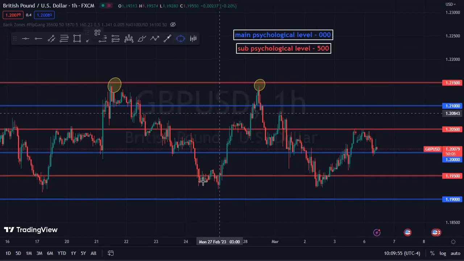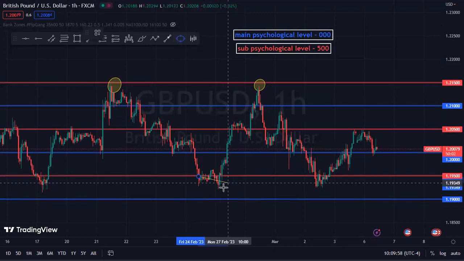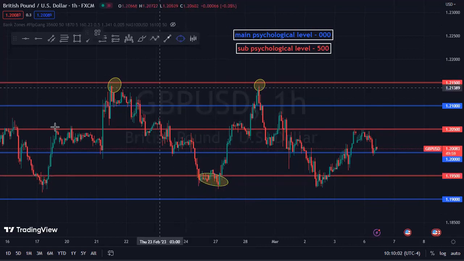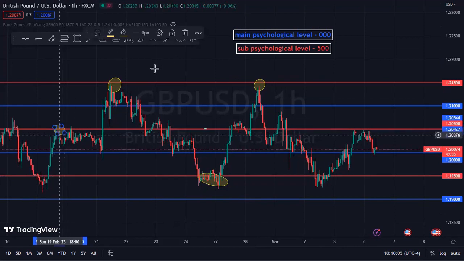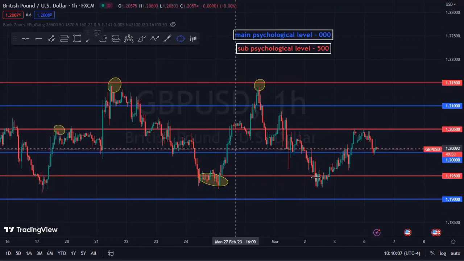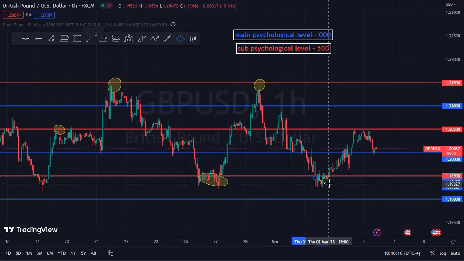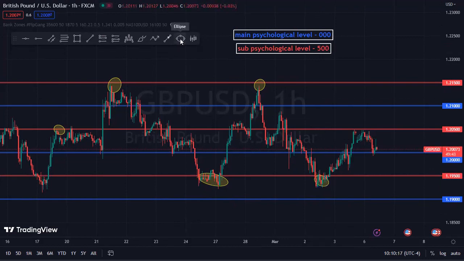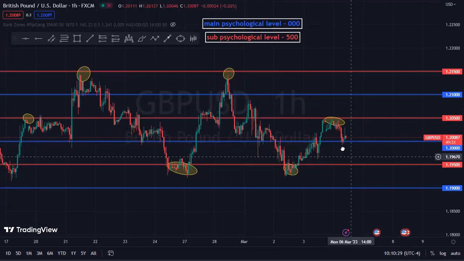When you go down, you can see as well here, price will always react when it comes to these levels. Because remember, as I said at the start of the video, the reason why price reacts so much in these zones or levels is because most traders use psychological levels as their confluence, and also that's the way banks trade. So as you can see here, I've jotted down multiple points where the market respected.